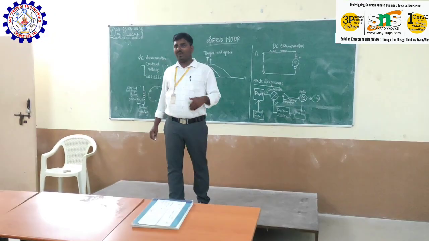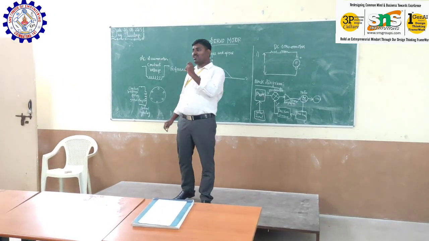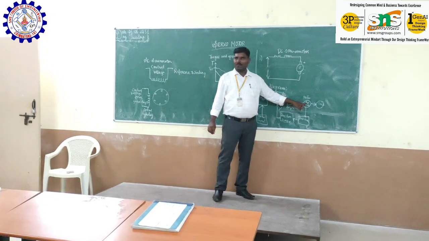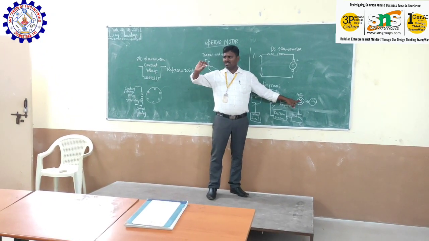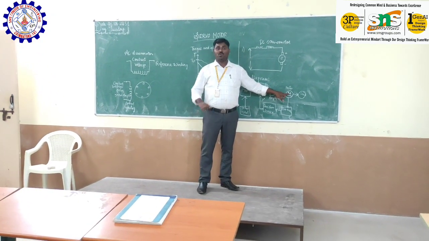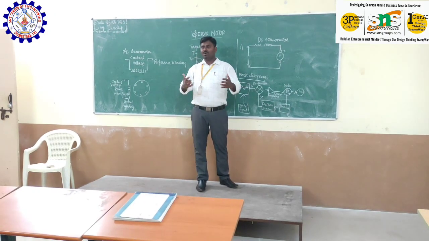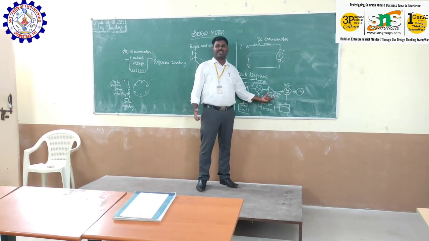The difference is 3, and that is a very small value which is not sufficient to drive the motor. So we have to increase the gain, the power, and the voltage of this error signal.